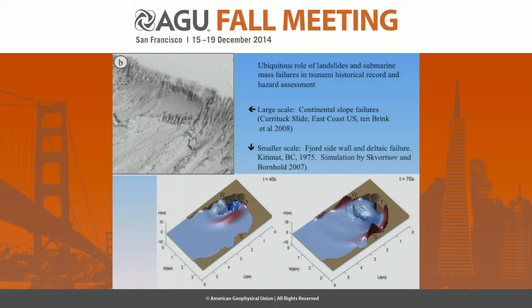For example, the picture at the bottom shows a simulation, which I grabbed from somewhere else because their pictures were prettier than mine, of an event in the Kitimat, British Columbia area in 1975, which generated about an 8-meter wave.